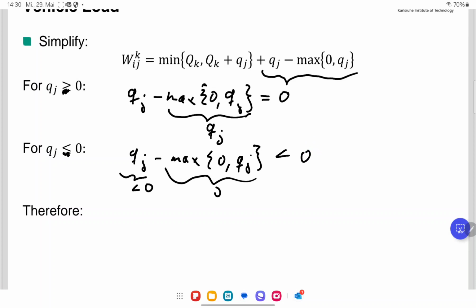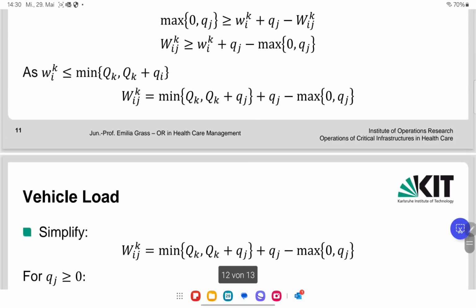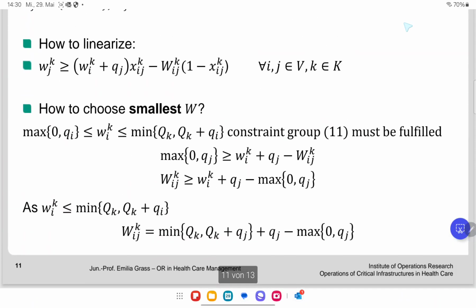And what we are doing now is simply to take the bigger part, so we replace capital W_IJK by simply using only the minimum, only using the upper bound of Q_K and Q_K plus the load of node I, node J. So we simplify this by cancelling the last parts out, because what is really important is to adhere to this lower bound.